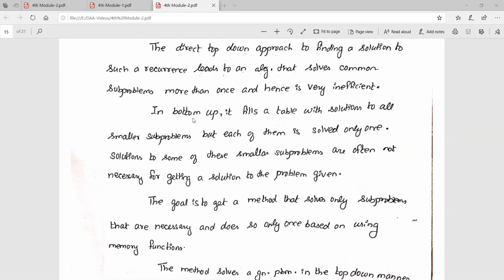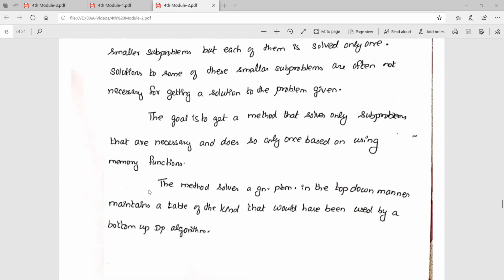So how can we solve that problem? The goal is to get a method that solves only the subproblems that are necessary to get the solution for the original problem. So we use the memory function method. Using the memory function method, we solve only the subproblems necessary for the given problem.